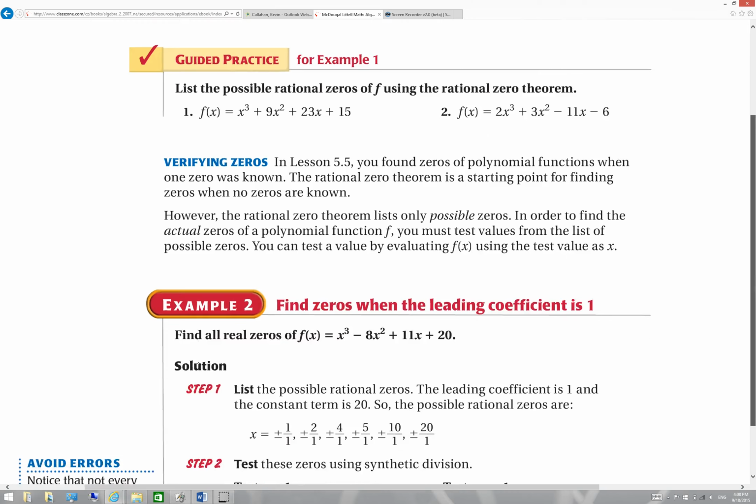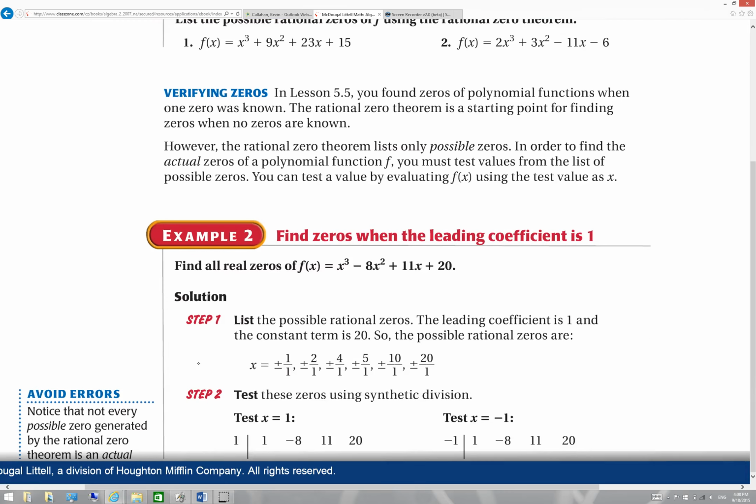It looks like the problem down below is a little better. Notice they say find all the zeros when the leading coefficient is 1. So again, first, how many positive real zeros? Let's see, changes of sign. 1, 2. So there could be 2 real zeros or none, right?